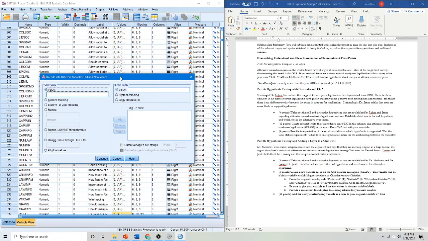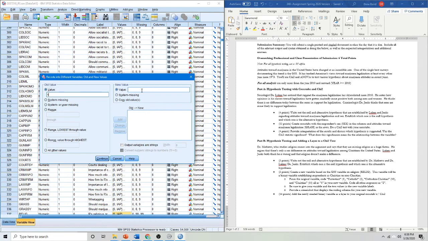We know that in the religion variable, Protestant is coded 1, Catholic is coded 2, Orthodox Christian is coded 10, and Christian is coded 11. All of those responses go into the same category of being Christian. Maybe different forms of Christian, but in our binary variable, they all go into the category of being Christian.